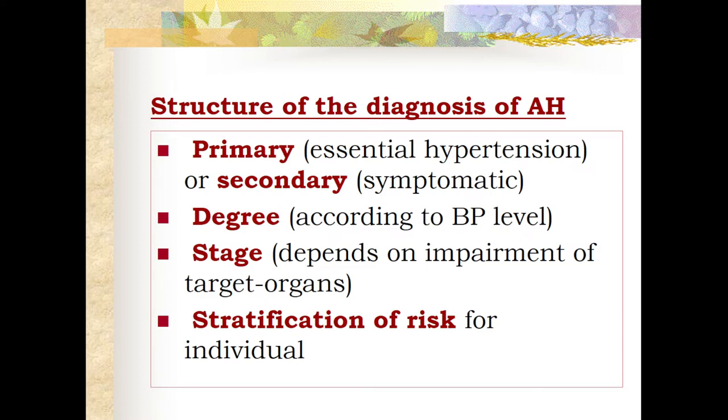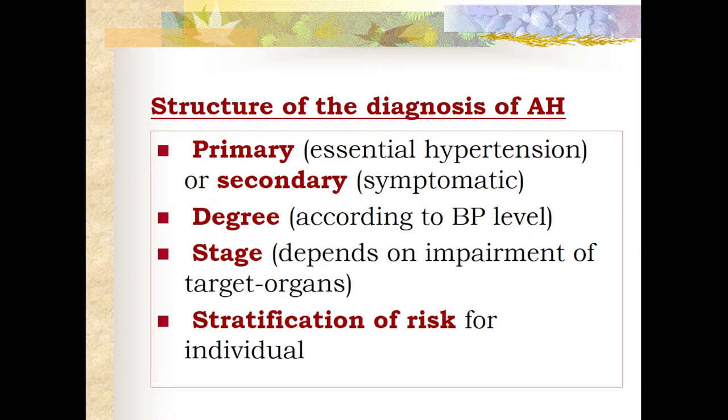The structure of diagnosis of arterial hypertension consists of 4 parts. In first place, primary or secondary arterial hypertension. If primary, essential hypertension, or secondary, if secondary arterial hypertension occurs.